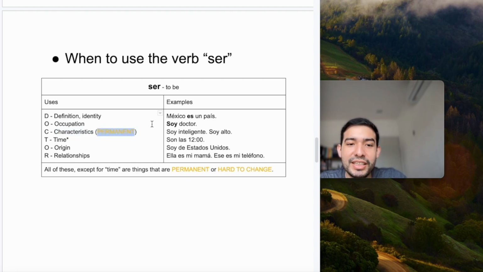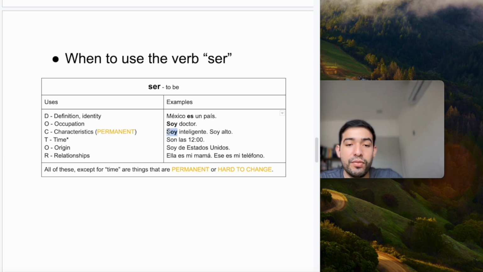Bien. Then C stands for characteristics. Remember, permanent characteristics. So, for instance, personality, like soy inteligente, I'm smart, or soy amable, I am kind, right? Most of the time, generally, I am always kind, right? And physical description, things that are not changing. For example, soy alto, I'm tall, or soy bajo, I'm short.